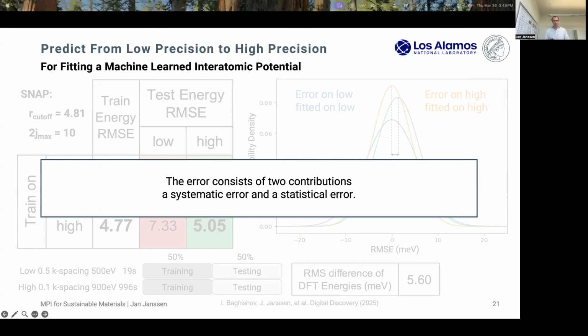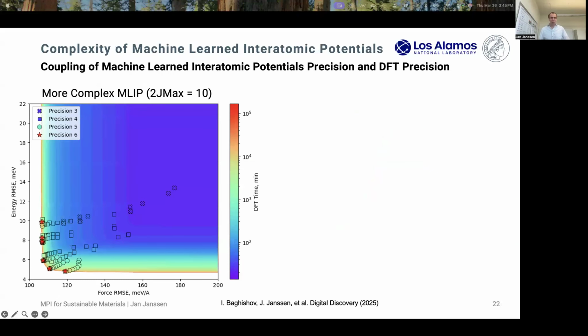Now putting all this together, and that's what I show here, right? So on the x-axis, we have the force error. On the y-axis, we have the energy error. And then we show this in terms of the computational costs that we need for the quantum mechanical calculations, or the DFT calculations here, to build the corresponding training set. Right? So think about this as the total computational costs to create the corresponding machine learning potential.